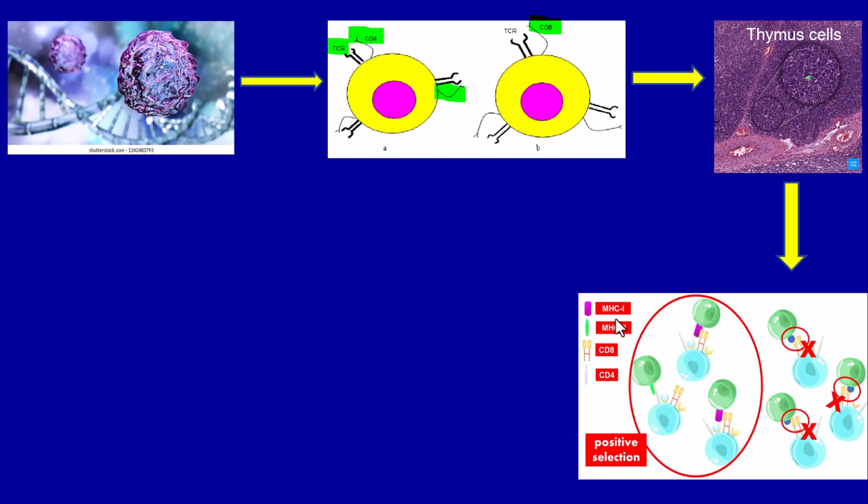So the MHC1 molecule is presented to the T lymphocyte which has a receptor for the MHC1 molecule.